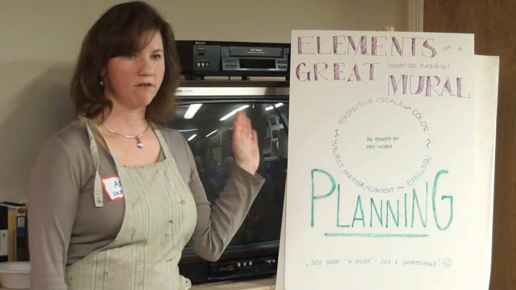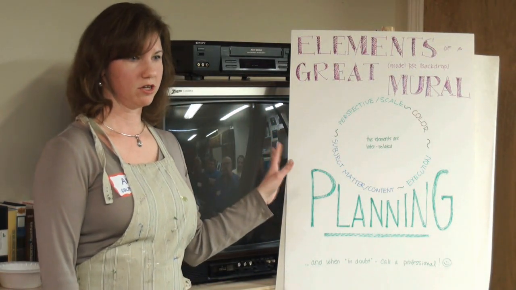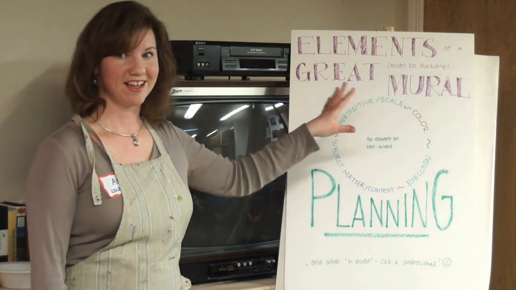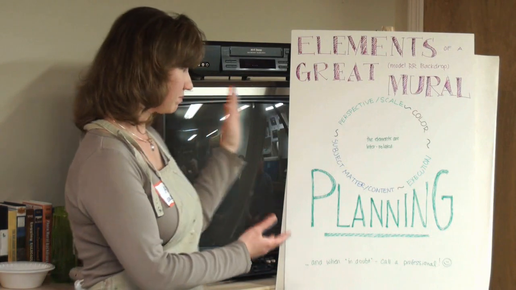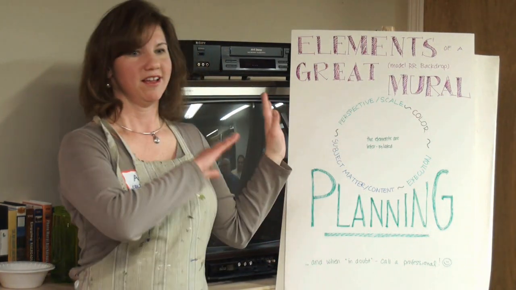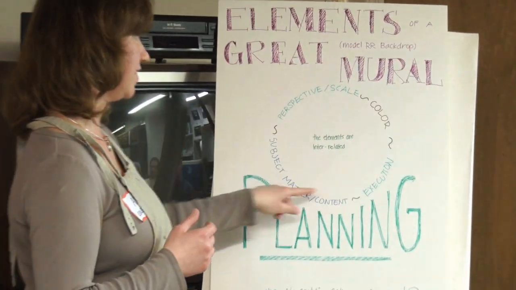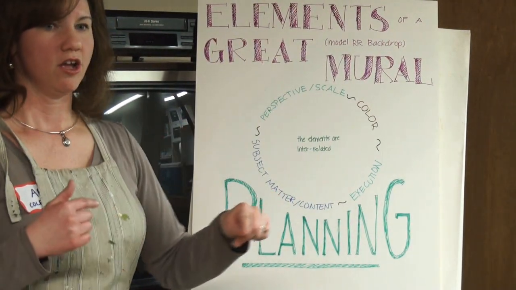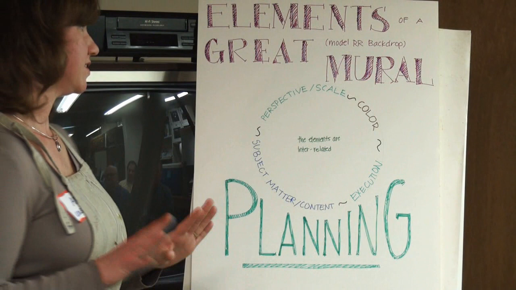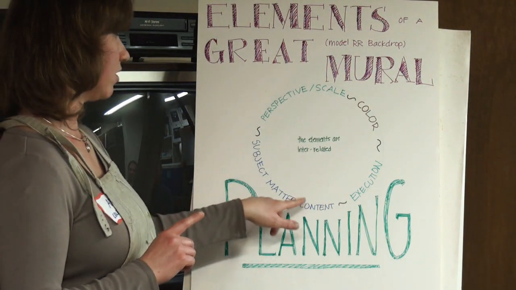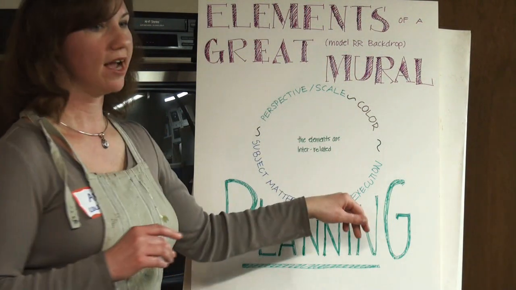The elements of a mural that I'm going to talk to you about today, I've illustrated in a way that hopefully will convey the point that I want to make. The point is that these elements are interrelated. The 4 things that I've broken this down into are perspective and scale, color, subject matter, content, which is the same thing, and then execution.